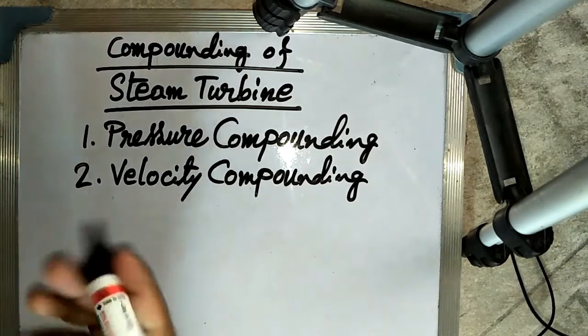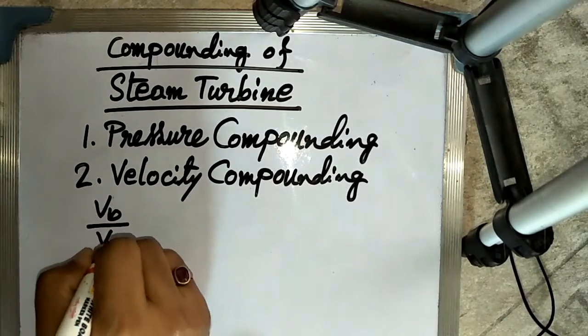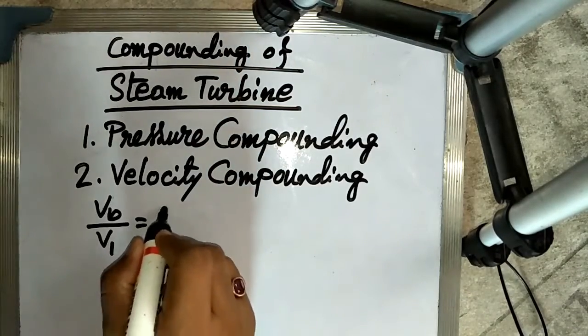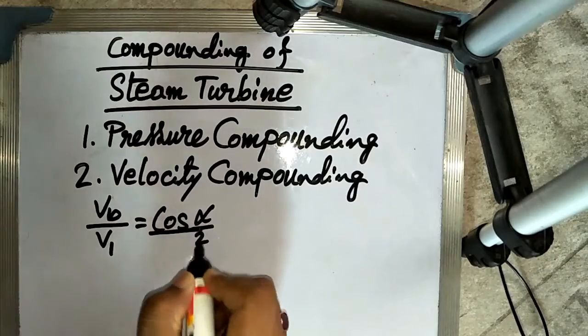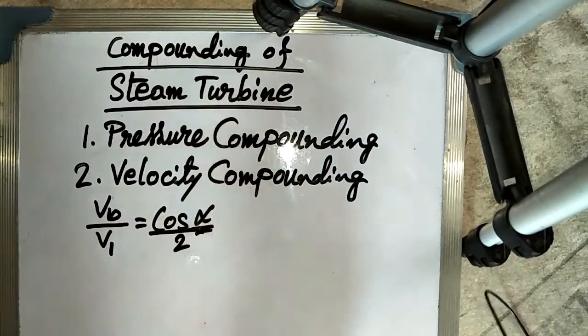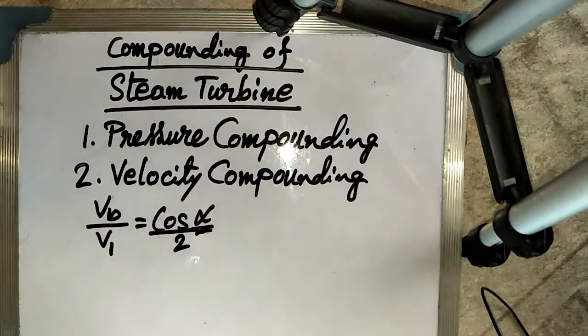Since we know the relation Vb by V1, the blade velocity by the steam inlet velocity, equals cos alpha by 2, we know that the blade velocity Vb also becomes very large.